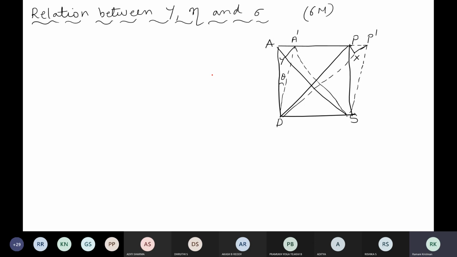Now, this strain is producing elongation along the diagonal PP dash, and this same strain is producing compression along the diagonal AS dash. We are seeing the change in the diagonal, right? Now we know alpha.